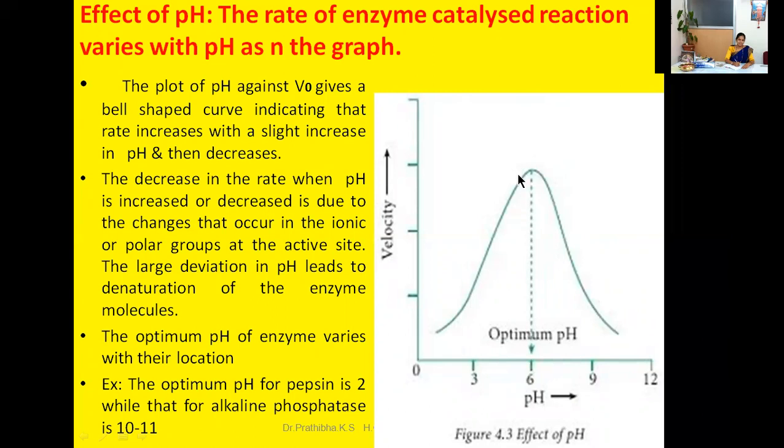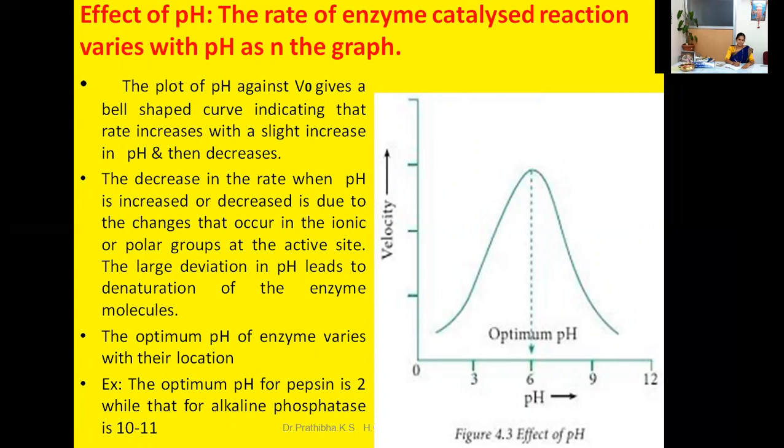The decrease in the rate, when pH is increased or decreased, is due to changes that occur in the ionic or polar groups at the active site. A large deviation in pH leads to denaturation of enzyme molecules, or a disruption in their native three-dimensional configuration.